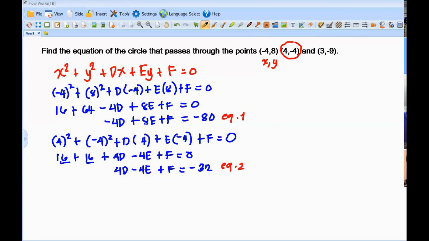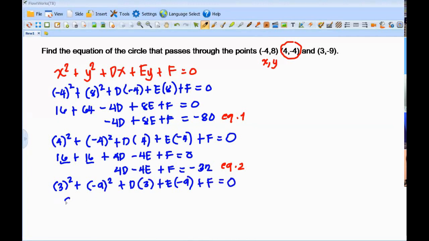After that, we have our last point. The coordinates are 3 and -9. So let us substitute the value of x, which is 3. So we have 3 squared plus (-9) squared plus d times 3 plus e times -9 plus f is equal to 0.